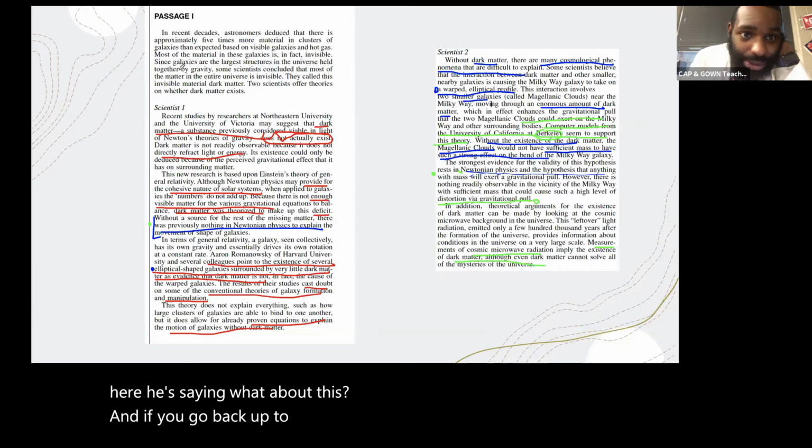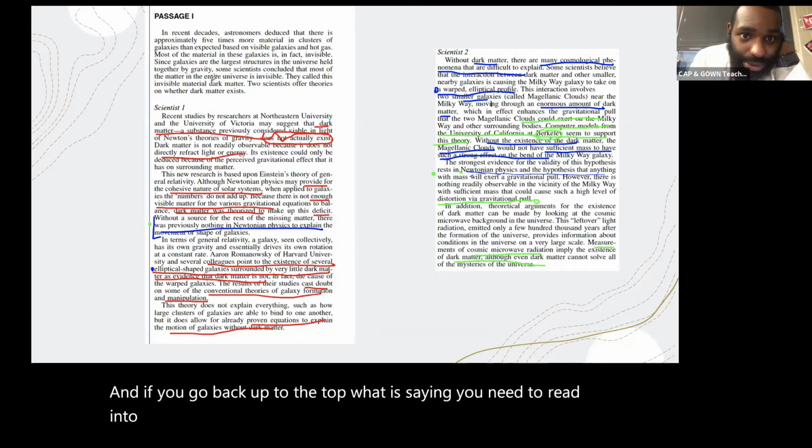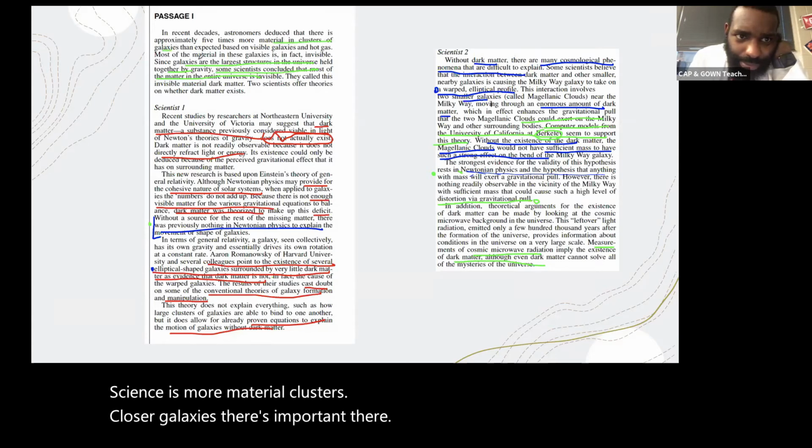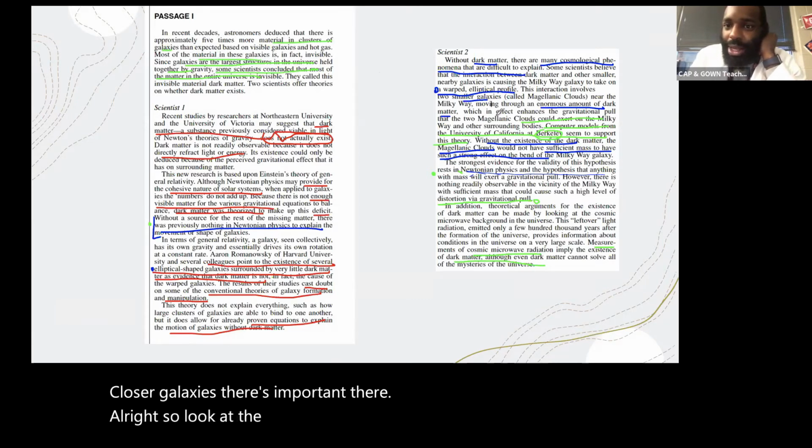You need to read into that part right there. And finds more material close to galaxies. That's important there. All right. So look at the comparison between the things I just highlighted and what we were just saying here.